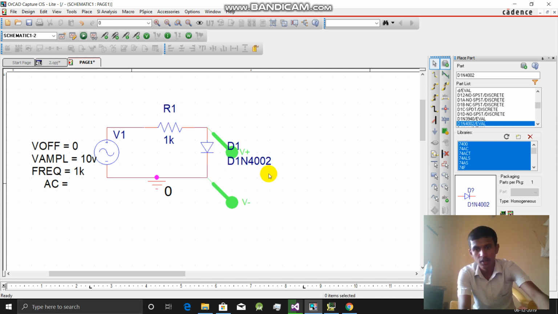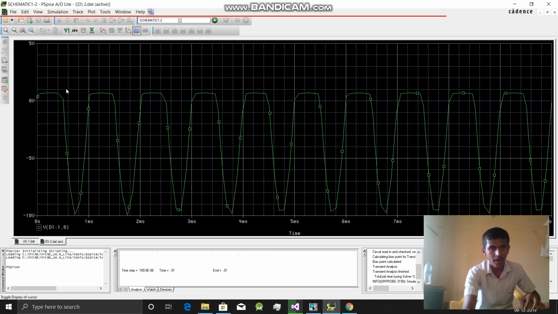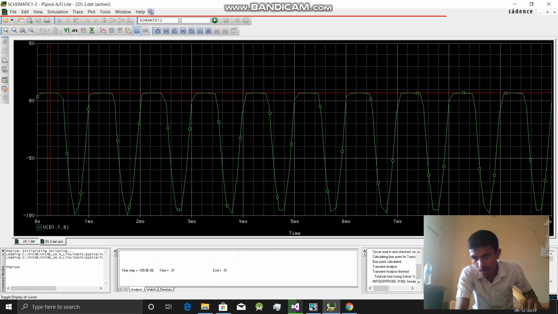Then we can see that this is about 0.7 volt, somewhat 684.84 millivolt, nearly equal to 0.7 volt. So the peak above 0.7 volt will be cut and the negative peaks are as they are.